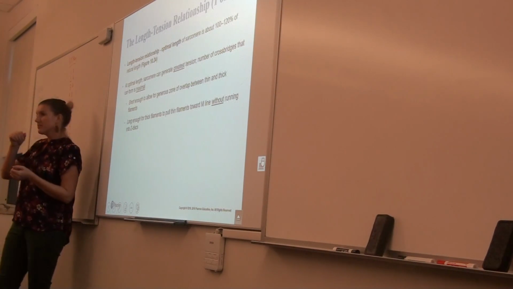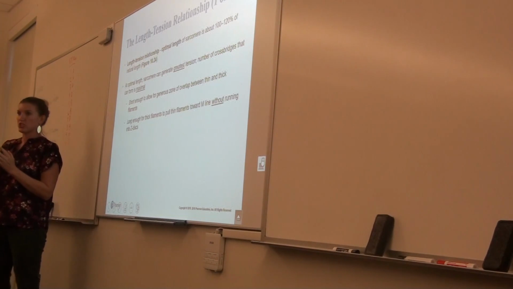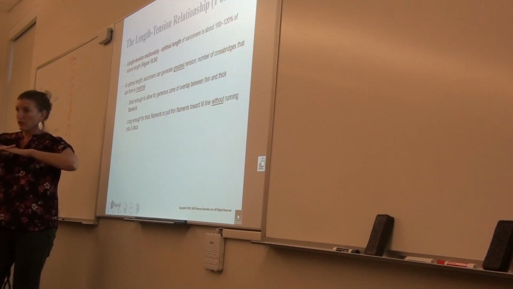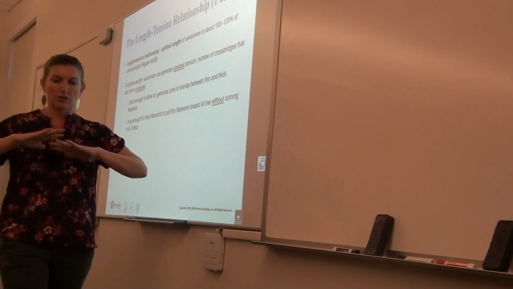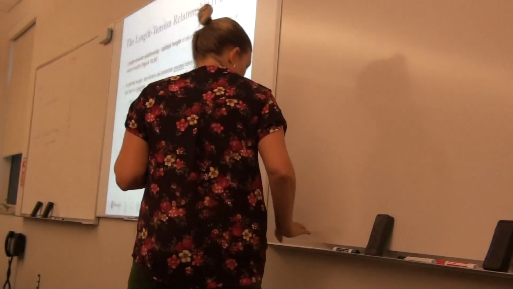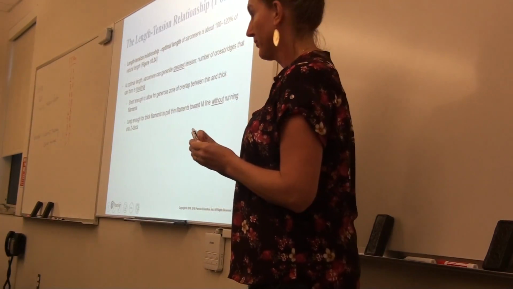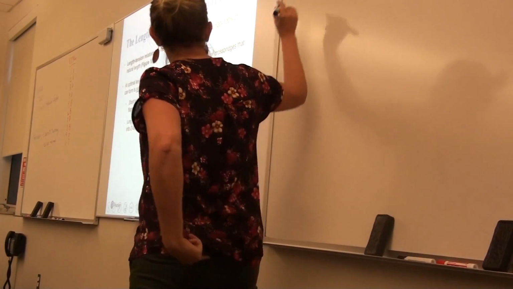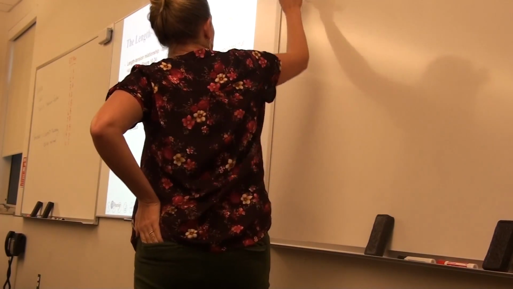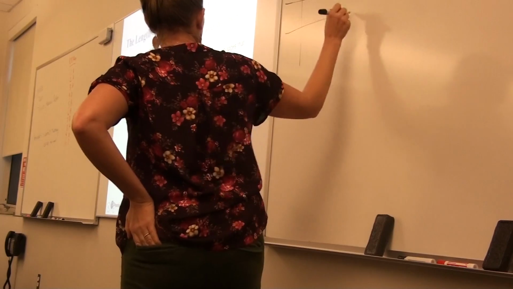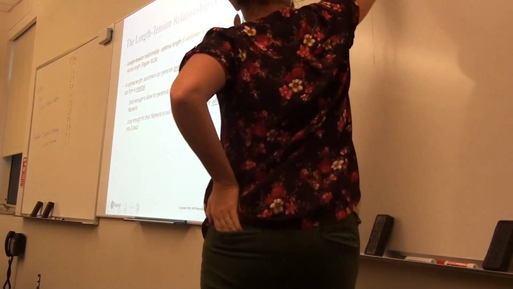So there is a length-tension relationship in the sarcomere, and in our muscle fibers. This has to do with there being an optimal length of a sarcomere. Let's just kind of draw it out. Thin filaments, then M line. Actually, I won't even draw the M line.